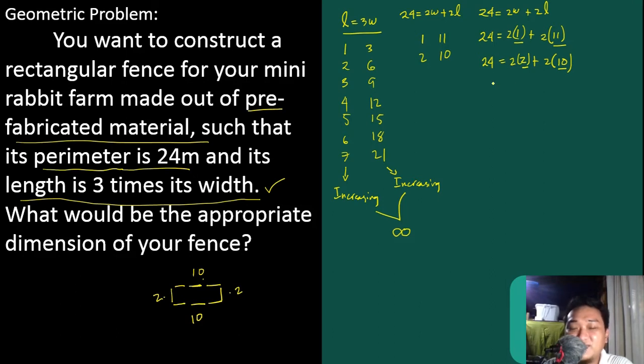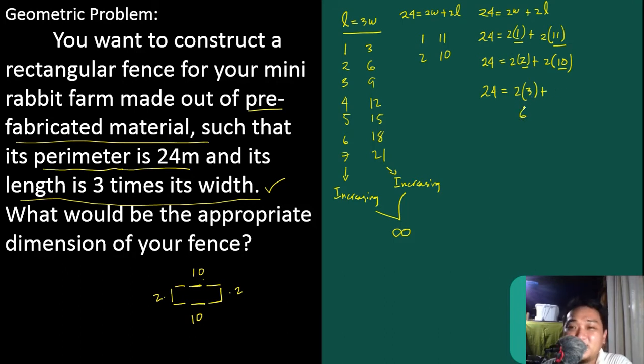Okay, let us have some more ordered pairs na yung perimeter niya is also 24. Yung 2 gawin naman nating 3. So 2 times 3, 3 times 2 is 6.